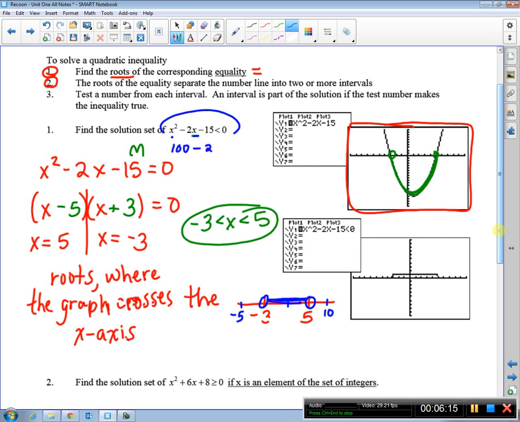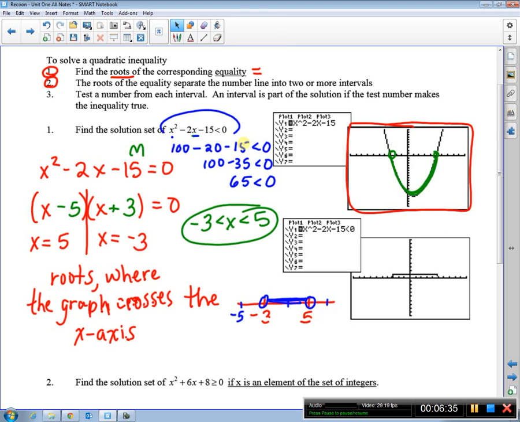Minus 2 times 10, minus 15. Is it less than 0? So we have 100 minus 35 is less than 0. From that, we get 65 is less than 0. That's a false statement. So I don't shade in the section where there's 10.